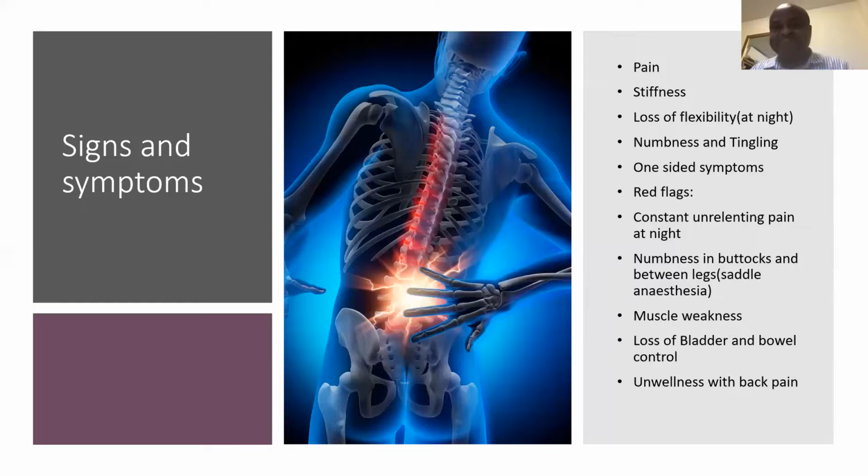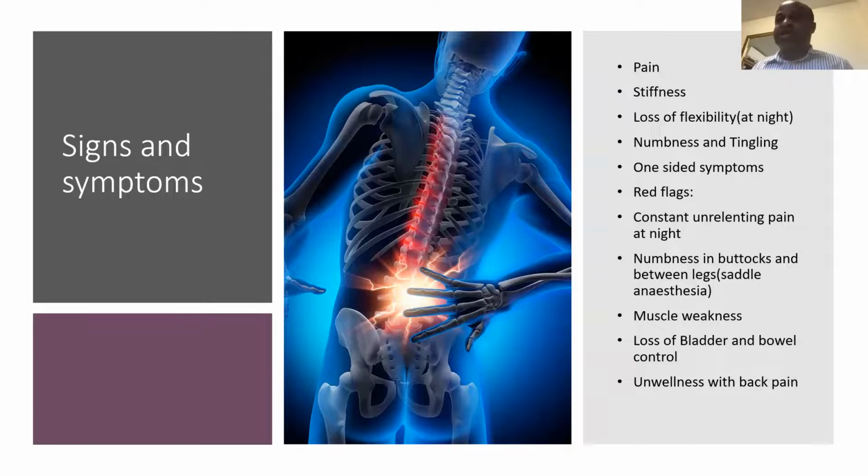Next slide, please. Right. What are the signs and symptoms of back pain? Pain is very, very common. So the pain, like we said, will be in the lower back, and normally any pain around that area which is ongoing may be associated with stiffness of the back when your muscle goes into spasm, and loss of flexibility, particularly at night, if you have been lying down for a while and suddenly you stand up, oh, my back hurts.